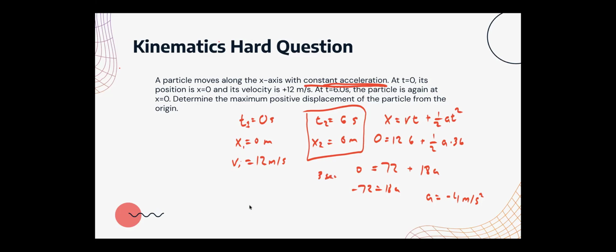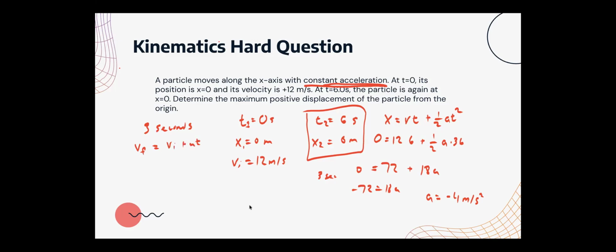If you want to know how I got that the maximum positive displacement will happen at 3 seconds, that's because we know it'll reach its maximum point once the final velocity equals 0, correct? So once v final equals 0, we can use this equation.